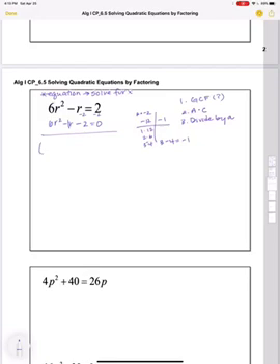So I noticed that several of you were doing it by grouping, which is cool. You can totally do that. So I'll actually do it by grouping, and then I'll do it the way I do it. So if you have 6r squared plus 3r minus 4r minus 2 equals 0, you factor out a 3r, so you're left with 2r plus 1.